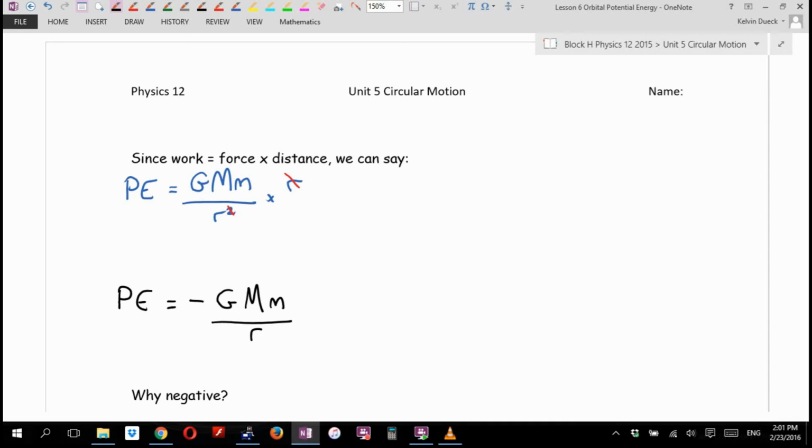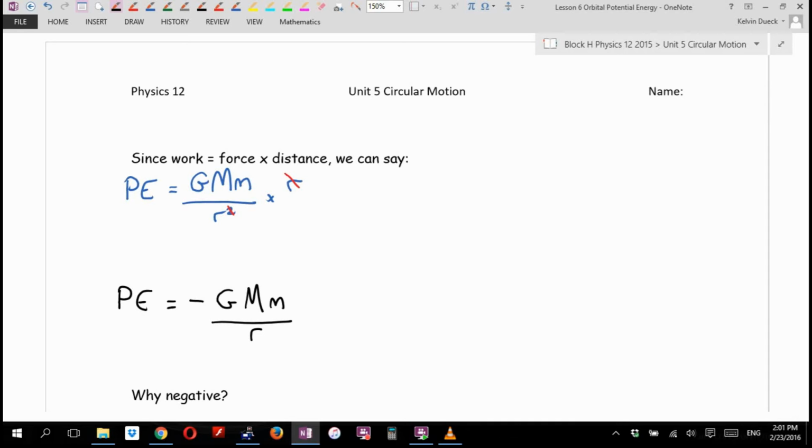However, that must mean for me to get from here to here, I did have to add energy. I had to do work. If I end at 0, but I'm adding energy, what kind of numbers must I be starting with if I can add and end with 0 as an answer?